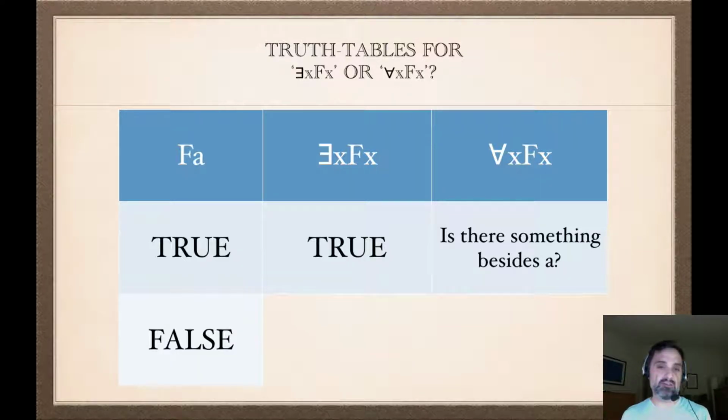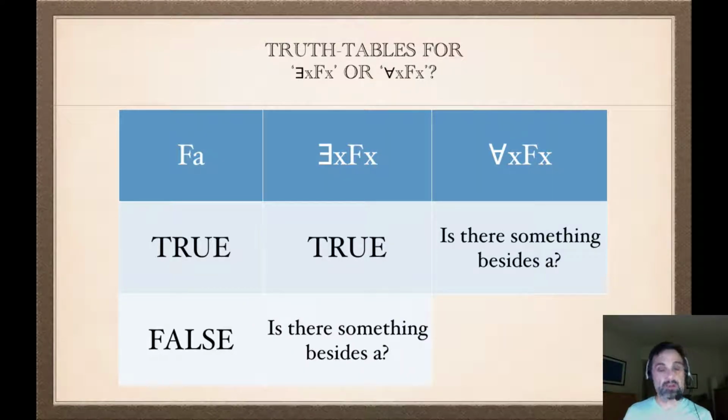Or suppose Fa is false. Well, is some x Fx true? Who knows? Again, it depends upon whether or not there's anything besides a, and whether or not any of those other things are frogs or not. If a is the only thing, if there's nothing besides a, then some x Fx is false. If there are other things, but none of them are frogs, then some x Fx is false.